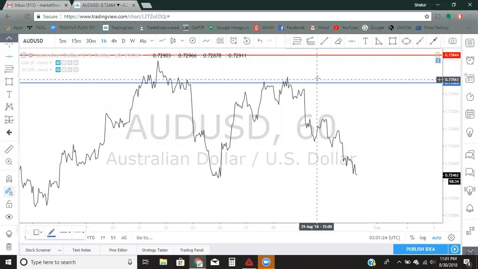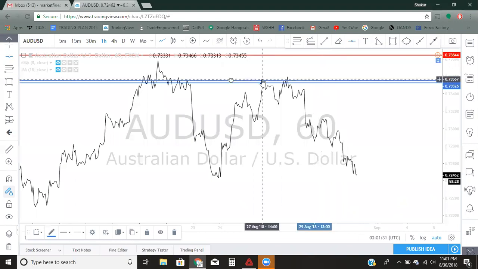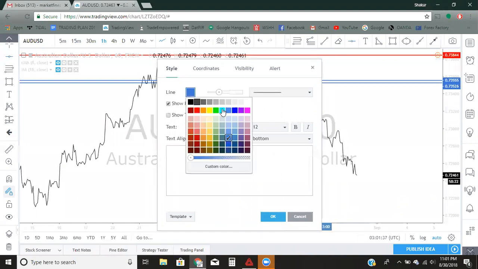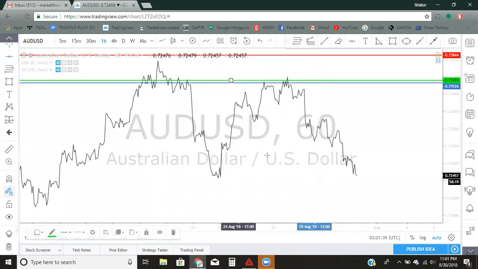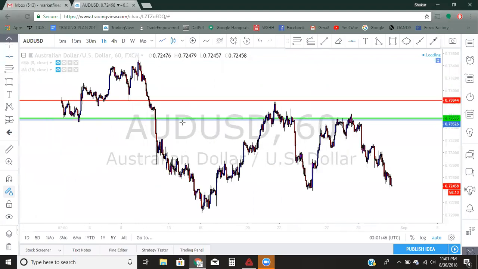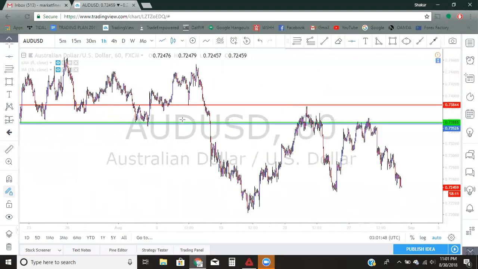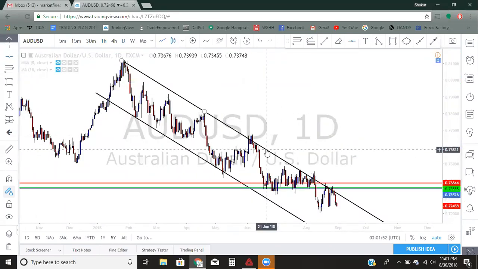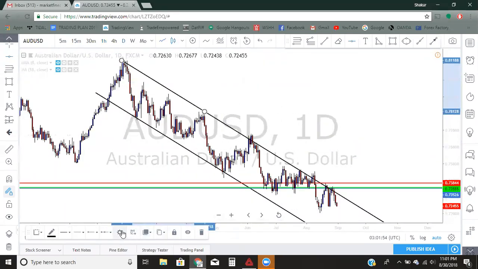This was one. And that green. Then I went back to the actual candlestick chart. I think on the daily it's still touching that trend line.